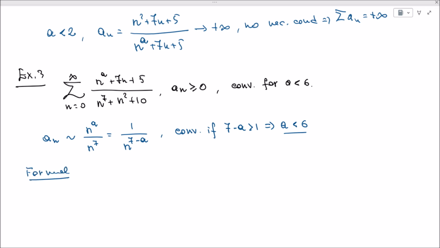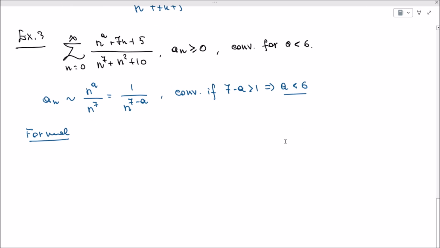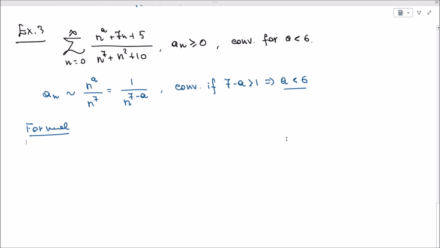Let's provide a formal proof of this. But the good thing about the first intuitive analysis is that we now have bn to compare the sequence to. And this bn is exactly 1 divided by n to the 7 minus a, which is strictly larger than 0.